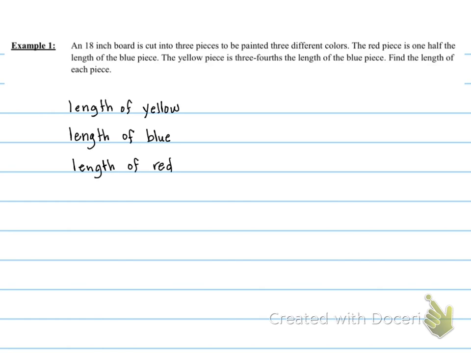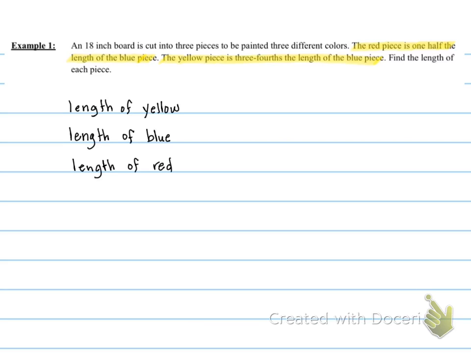Is everybody cool with why we chose the blue piece instead of the yellow or the red piece? Just easier. Yeah, it's easier because of these 2 sentences. Notice that this sentence tells us how to get the length of the red piece from the blue piece. And then this sentence tells us how to get the length of the yellow piece from the blue piece.